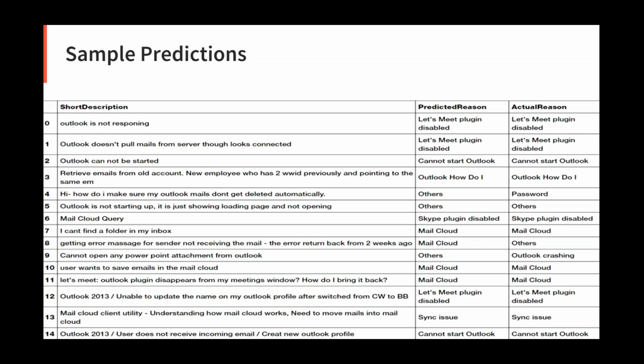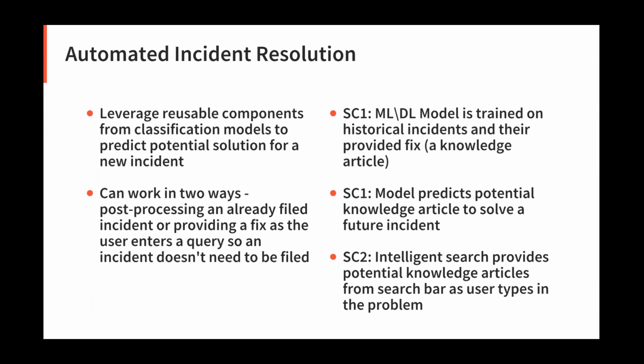And automated incident resolution is pretty much the last industry use case I'll talk about. So the idea is we already built a classification model workflow to predict the priority of the tickets or the root causes. So can we leverage those reusable components and build a new solution to predict what should be the knowledge article or the script which can be used to close a potential issue? It can work in two ways.